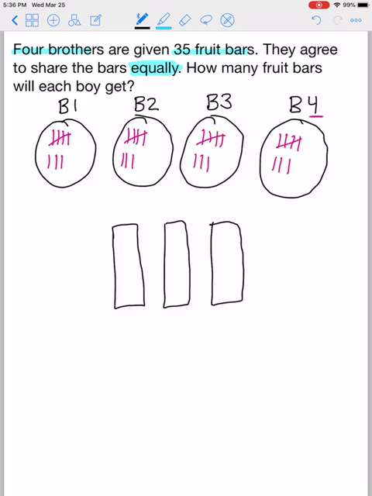Yes, I could break each bar into fourths. So that means each brother can get 1/4.